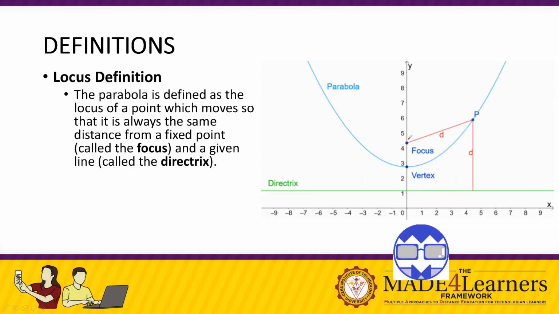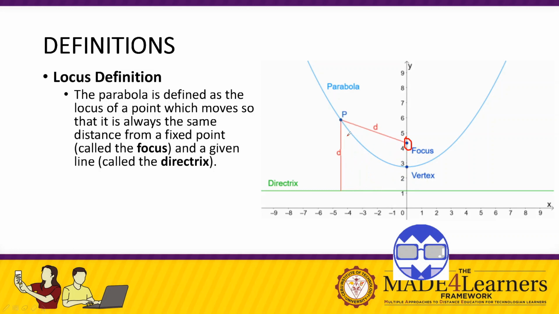Whenever the distance from the focus to our P and from our P to our directrix, so take note, this is the directrix. Take note also that the distance from the directrix to our point on the parabola always creates a perpendicular segment, meaning 90 degrees.